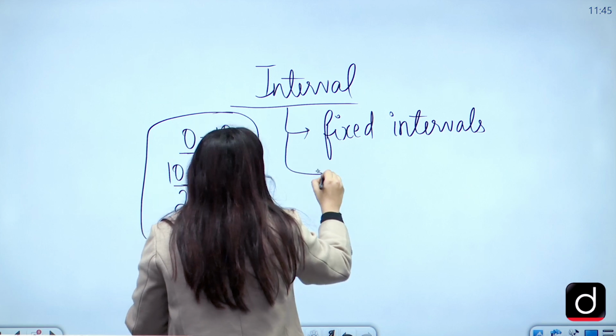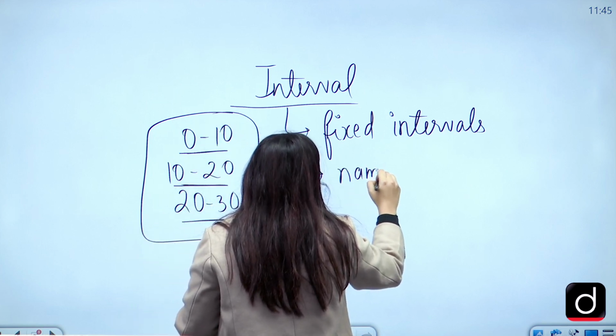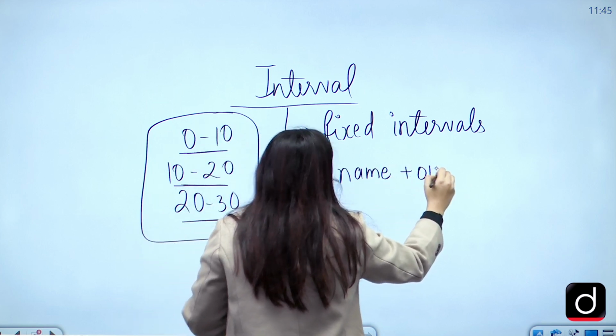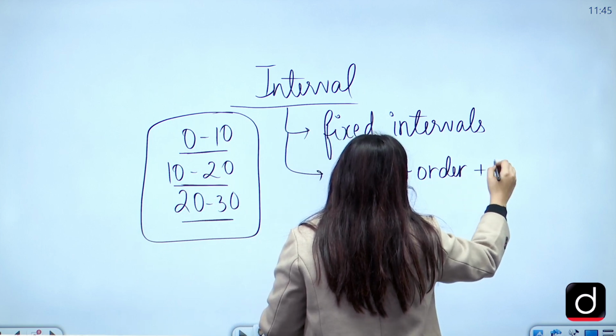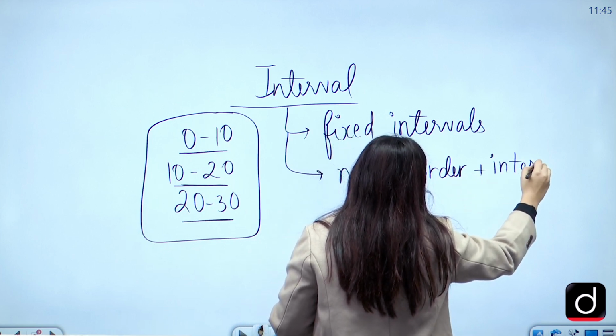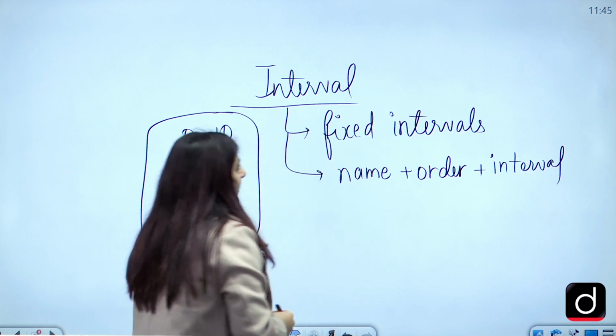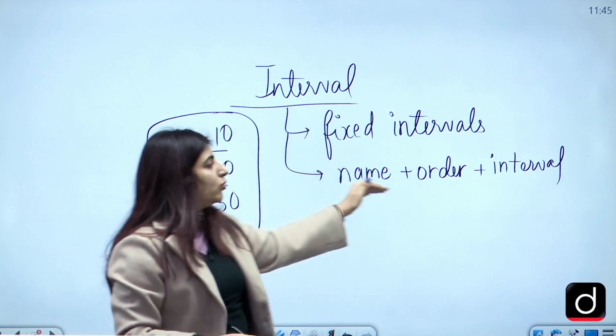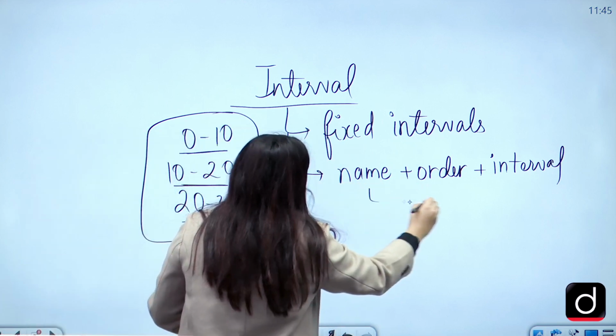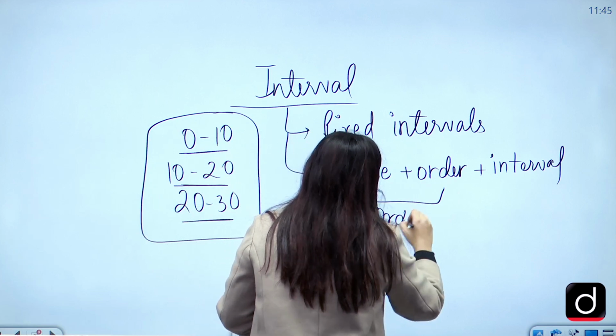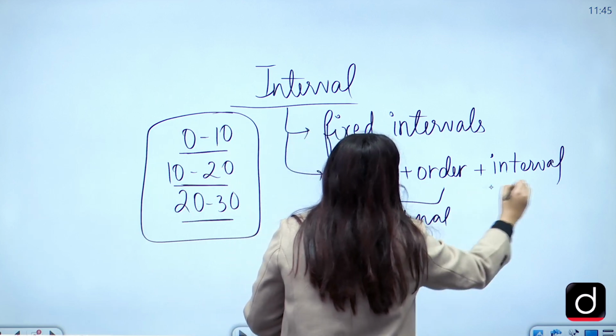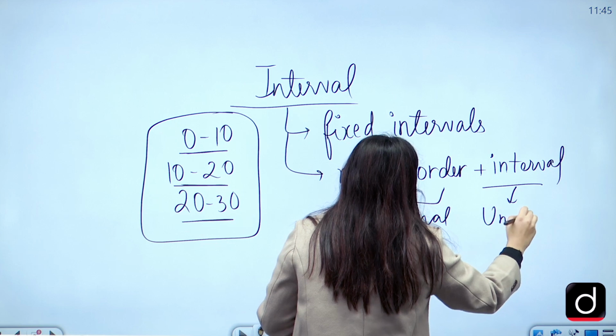Coming to the naming and ordering part, so these are the 3 characteristics of this interval scale. 2 of the ordinal, right? And 1 its unique characteristic.